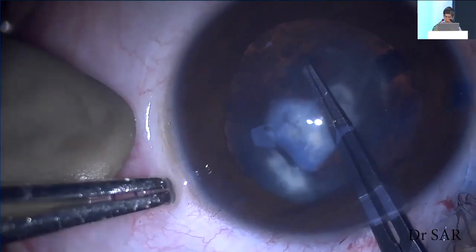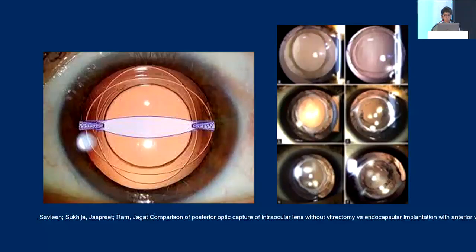Okay, I think we don't have time for this. So this is the bag in the lens, and there is another by Dr. Sukhija who spoke. Their group has published their reports with posterior capsulotomy, and I have borrowed this from their publication. The bag in the lens is where both the flaps of anterior and posterior capsule are placed in a groove which is made in the lens, as you can see here.